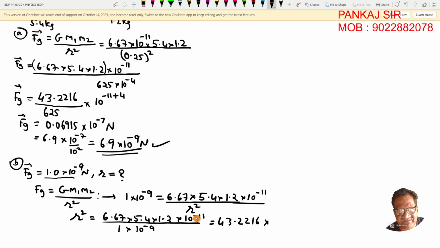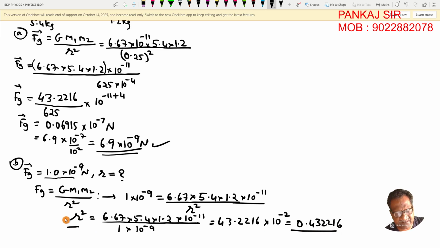So minus 11 plus 9 is 10 raised to minus 2. Got it? So this can be written as 0.432216. Okay, because into 10 raised to minus 2 means divided by 100. So you will get this. So this is your r square.